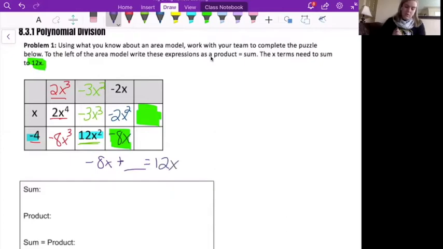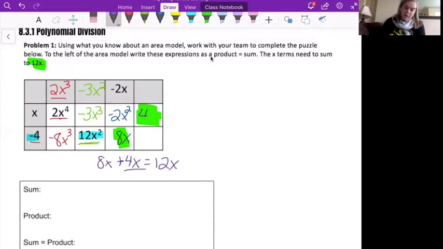Oh, this should be a positive 8, by the way. Okay, so 8x plus what equals 12x? That would be our 4x.